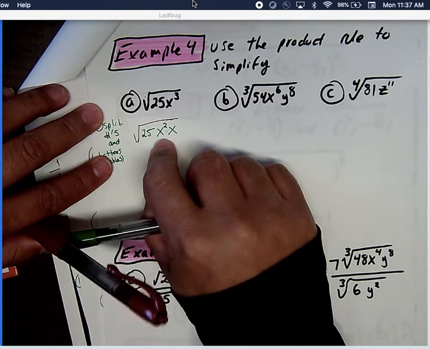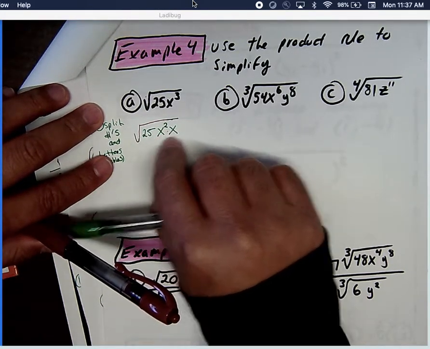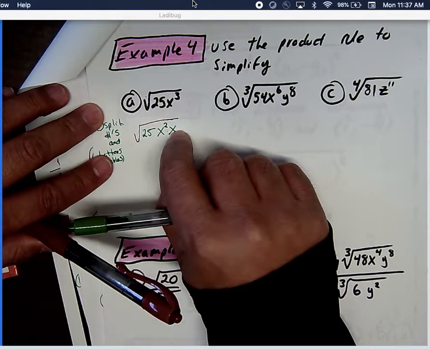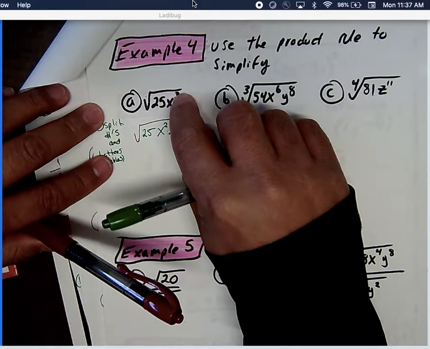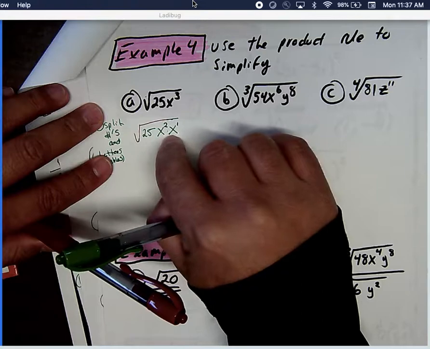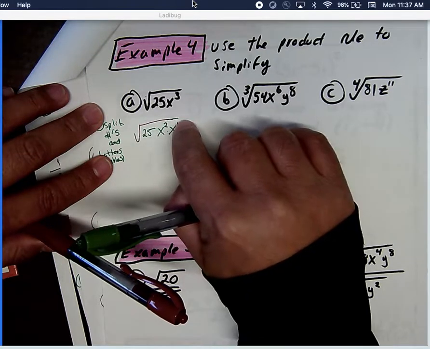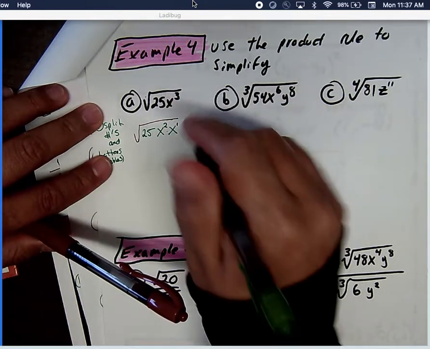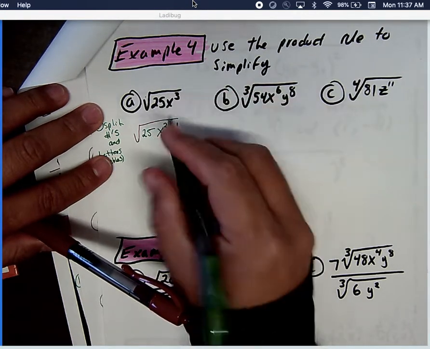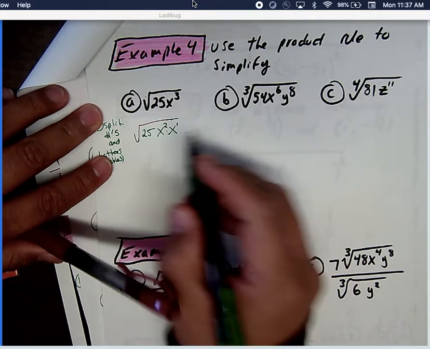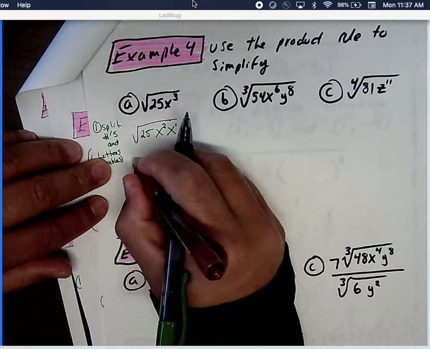So what did I do? x squared times x. If you apply the product rule of exponents, x squared times x gives you x cubed, because that one has a 1 here. So when you multiply and they have the same base, you add the exponents. So 2 plus 1 gives you that 3 that we had originally. So all I'm doing is splitting this so that one of them does have a square root. So now let's separate them so that you see what I mean.